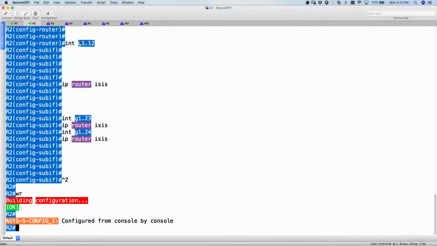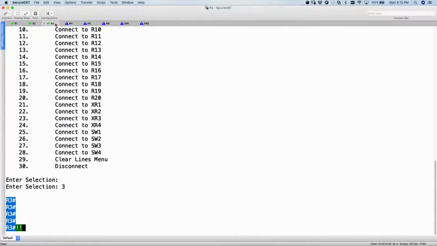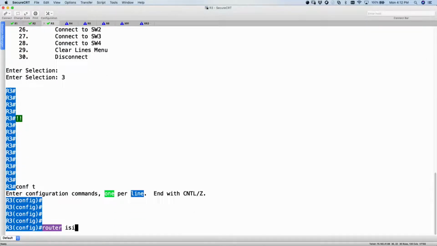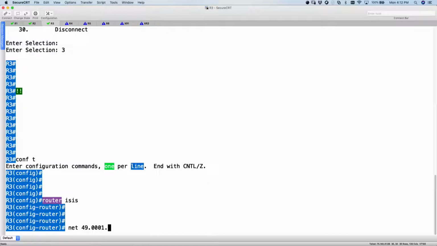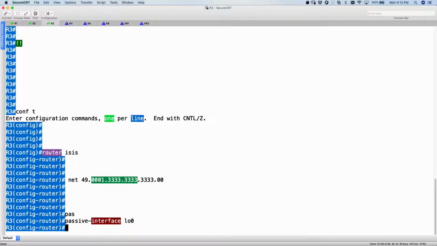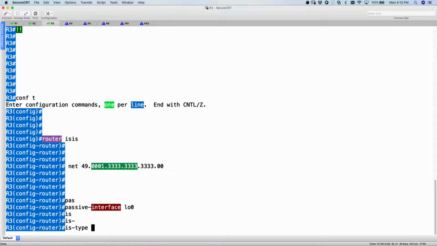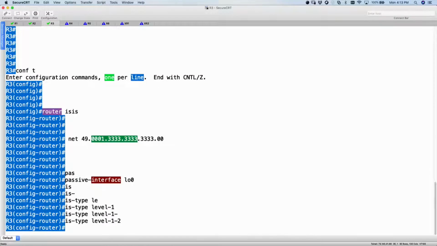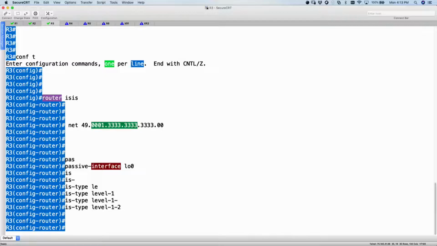So let's go back to R3 and say router ISIS, 3333.3333.3333.00, passive interface loopback 0, and IS type would remain as level 1-2. I don't really need to give this command, it is by default.